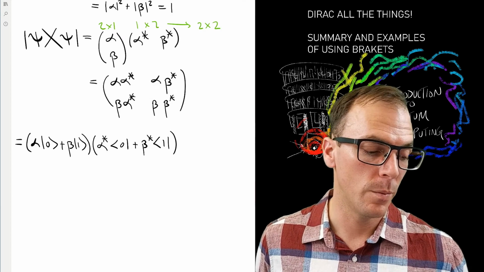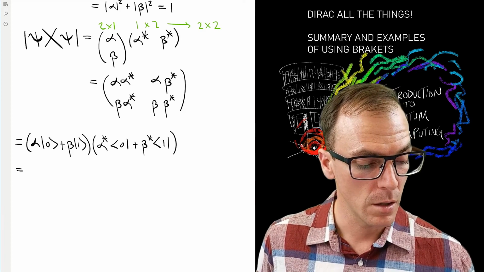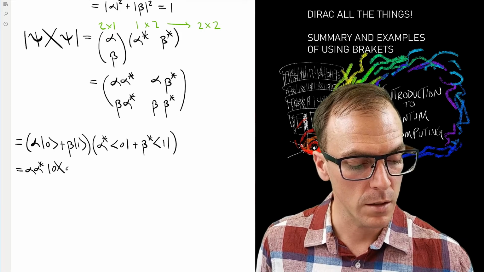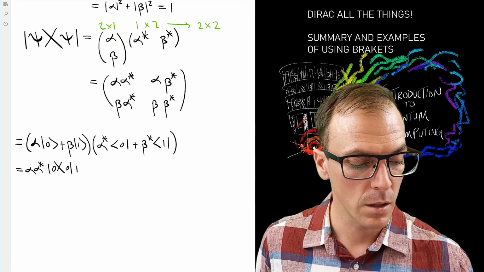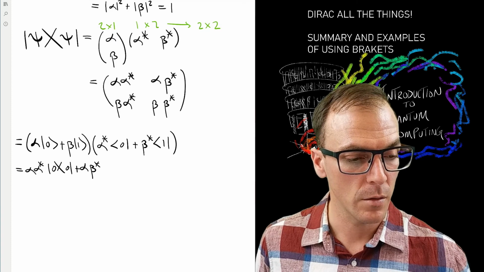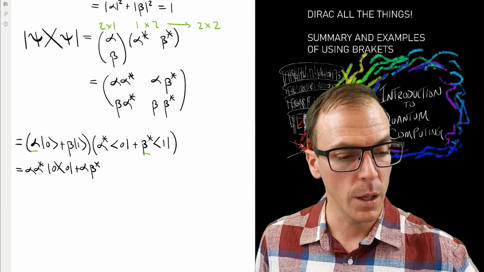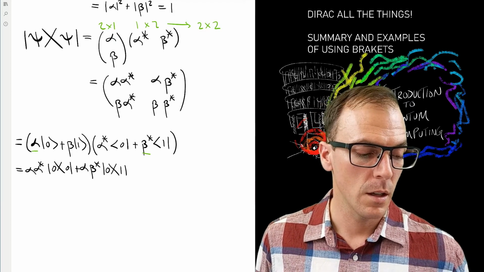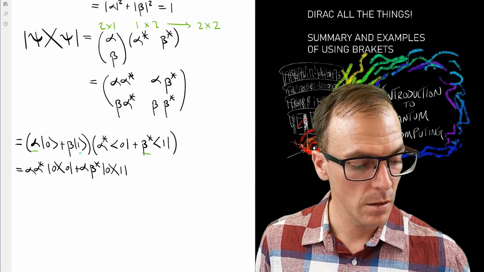Now we have a binomial expansion here, so we're going to end up with 4 terms. First one is alpha alpha star, and then we have this ket bra 0, 0, and then alpha beta star, 0, 1.